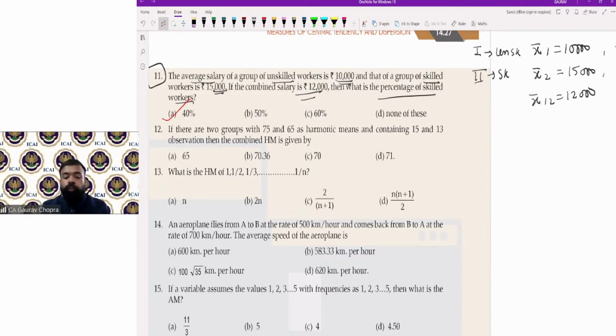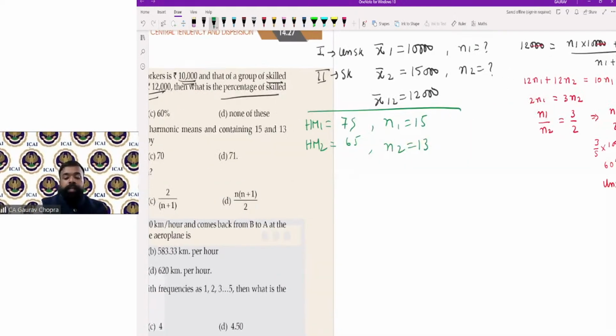If there are two groups with 75 and 65 as harmonic means, so this is HM1 and HM2, containing 15 and 13 observations. N1 is 15, N2 is 13. Now you have to find out combined harmonic mean, HM1,2.